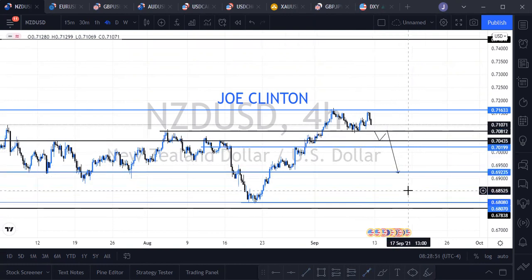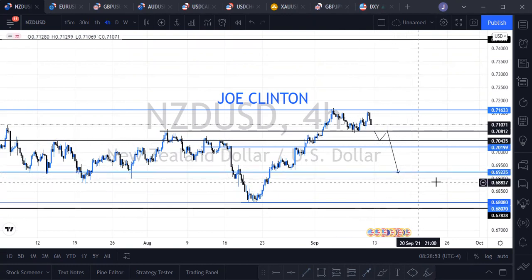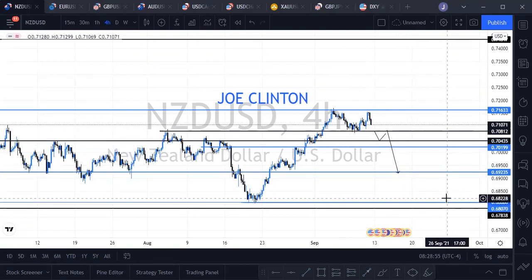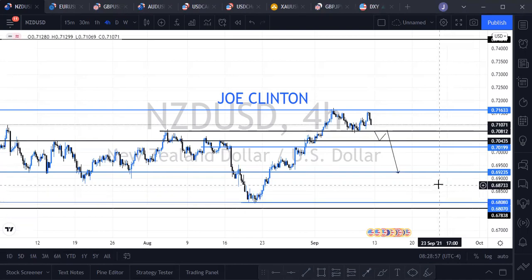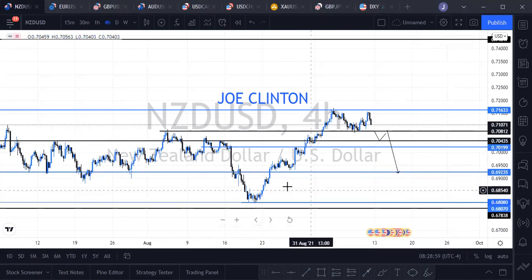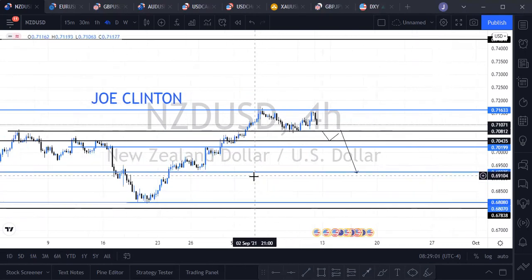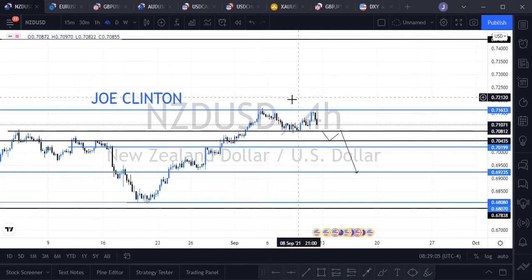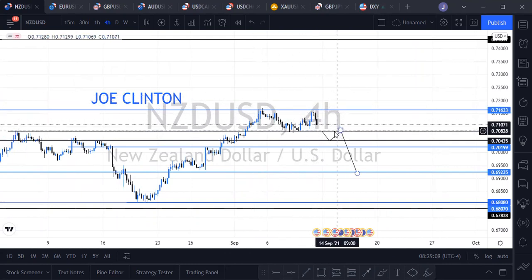So this point is my target point, 0.69235. NZD USD, I am bearish on NZD USD because we have a double top formation here. Okay, so you should wait for the neckline to be broken out, then retest, then you sell from this point down to this point.